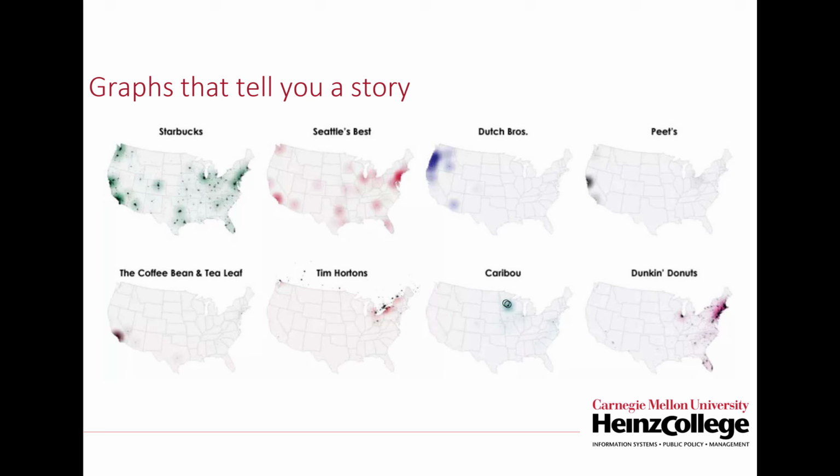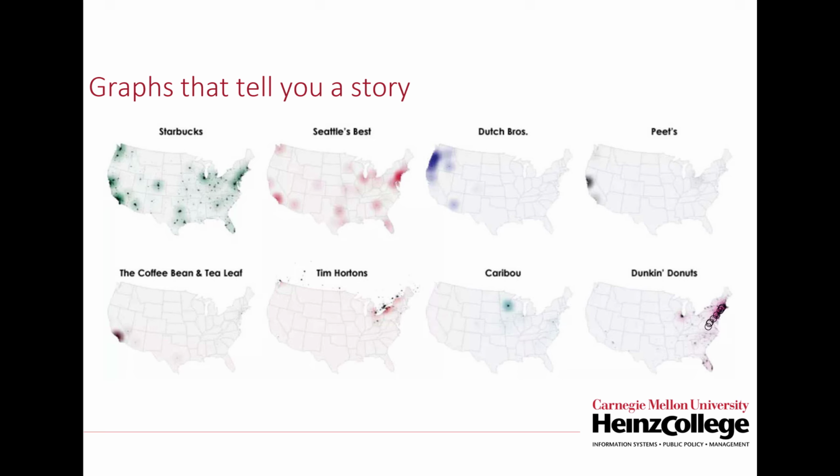Caribou Coffee is sort of the coffee vendor in my home state of Minnesota. So I thought everybody drank Caribou Coffee, but apparently nobody drinks Caribou Coffee except for people in Minnesota.